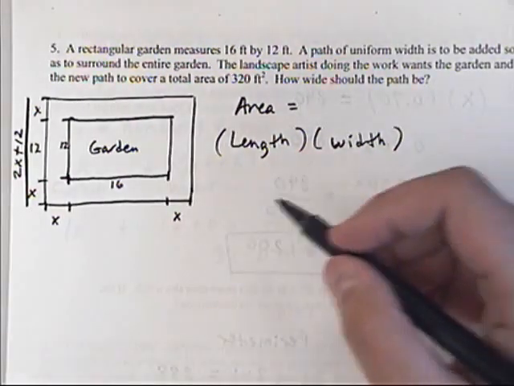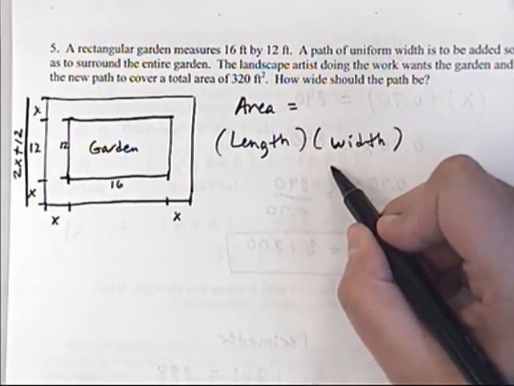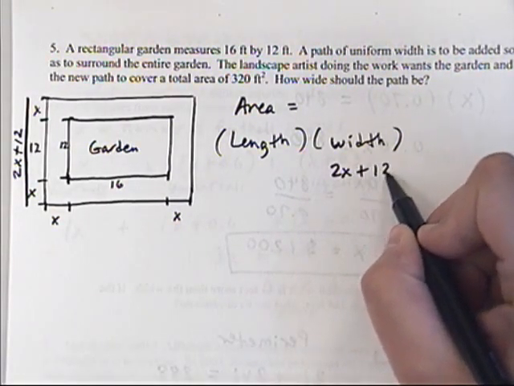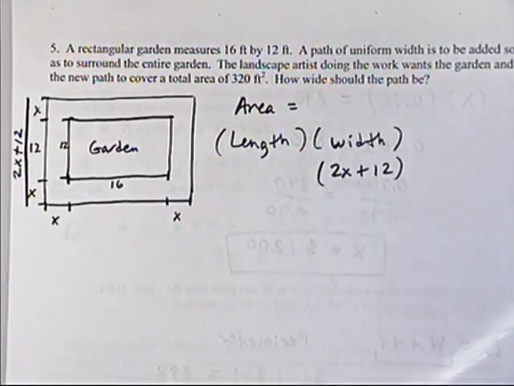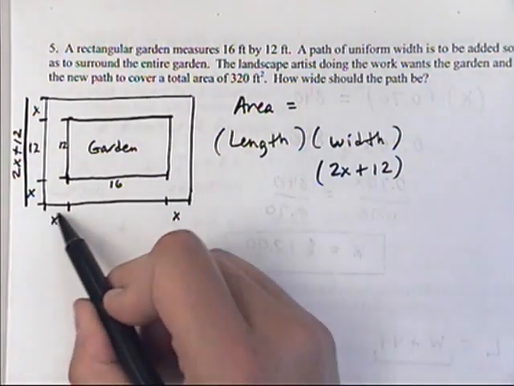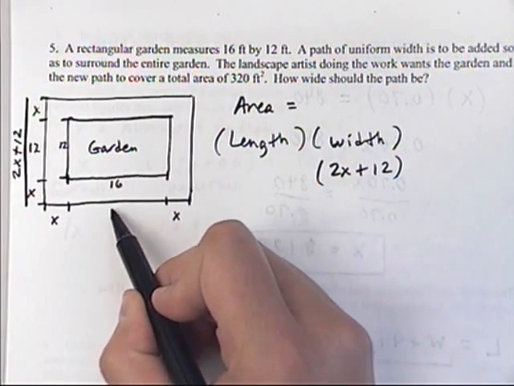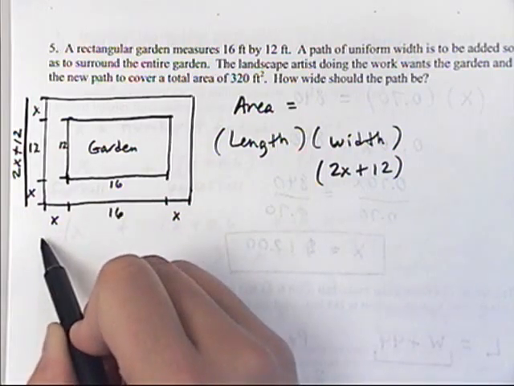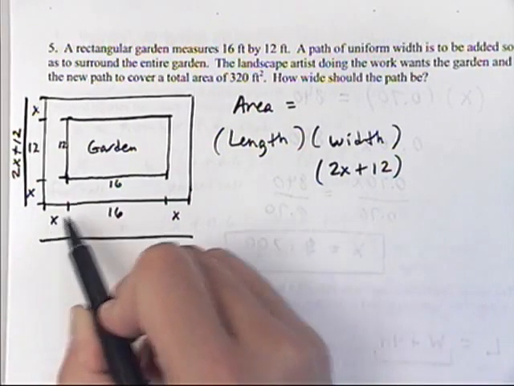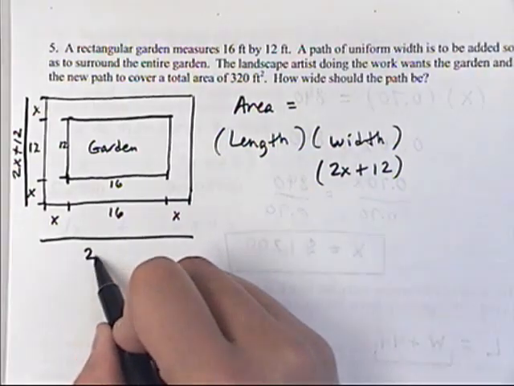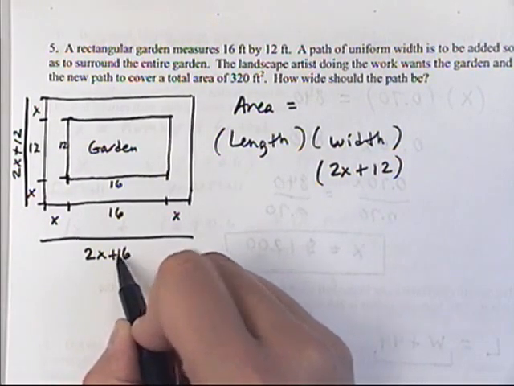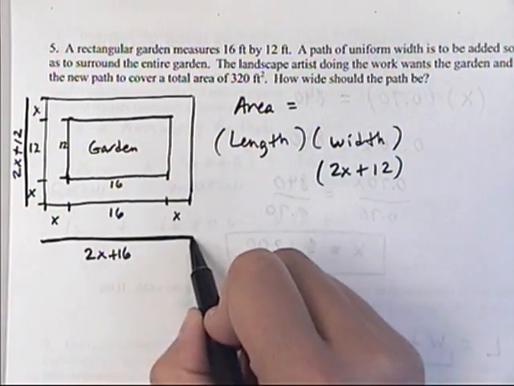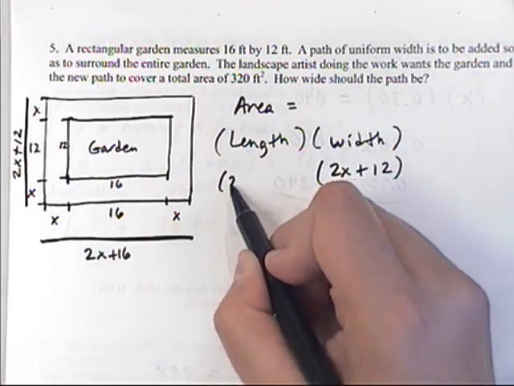So the width of the whole rectangle would be 2x plus 12. For the length, there's an x here and an x here, and the part in the middle is 16. So x plus 16 plus x would be 2x plus 16. That's the length.